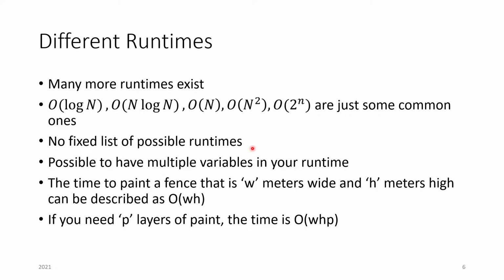So, for instance, in our example, if the fence is w meters wide and h meters high, we can map that length and breadth to the time, and say that's going to be order of w times h. And if we add another layer on top of that, meaning you need p layers of paint, meaning how many times you need to repeat this, then your complexity becomes O of WHP, where these variables multiply with each other because they compound with one another accordingly.